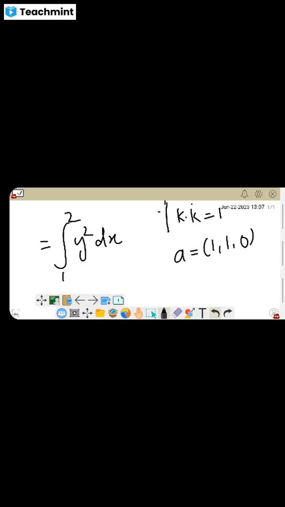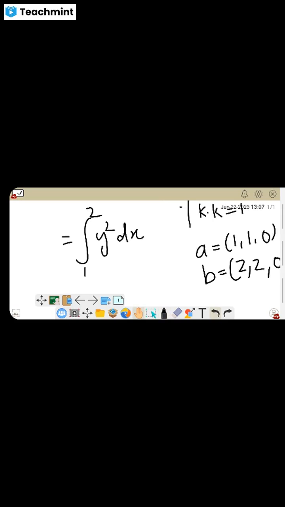We have the value of x equal to 1 and y also equal to 1. And at B, we have x equal to 2 and y also 2, and z is 0 in both cases. So we need to find it for both, horizontally and vertically.